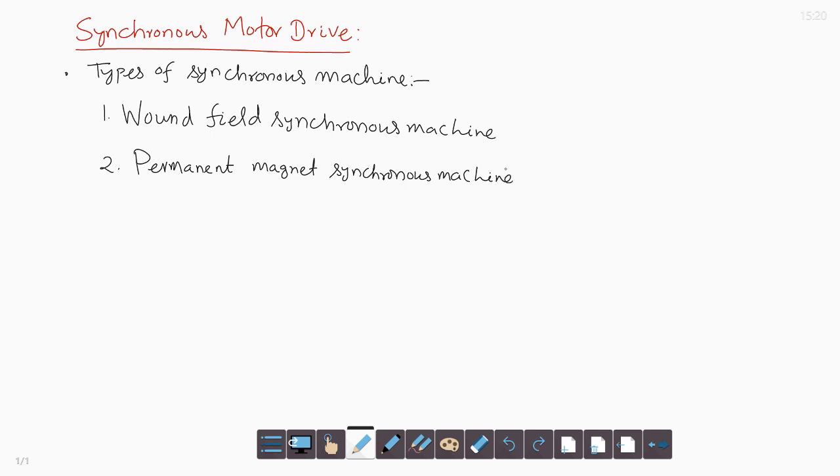So, in the first category, the field excitation produces electromagnets, and in the second type the electromagnets are replaced by permanent magnets, and the third type is synchronous reluctance machine.